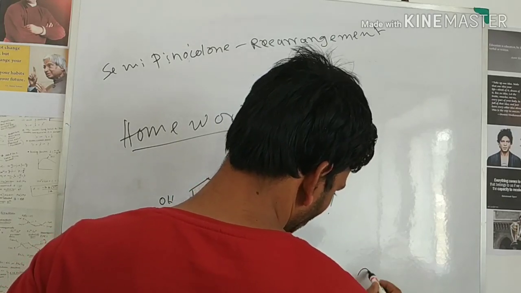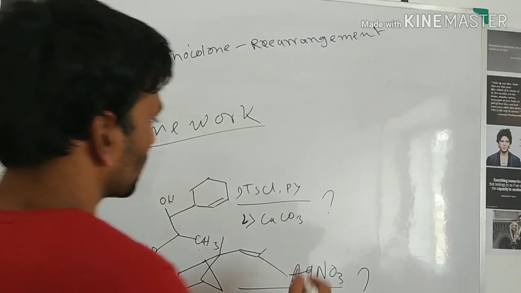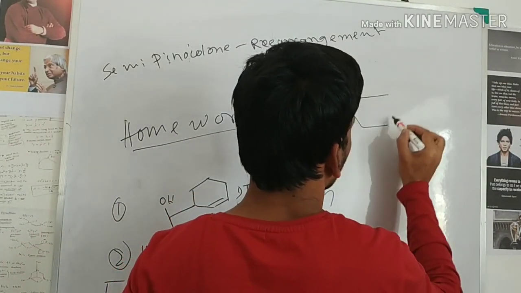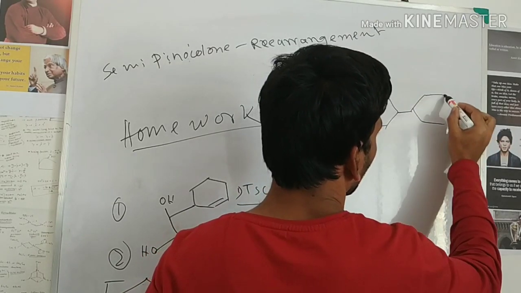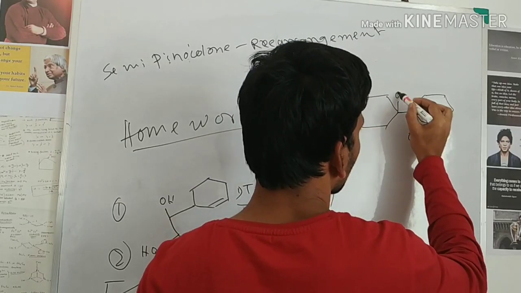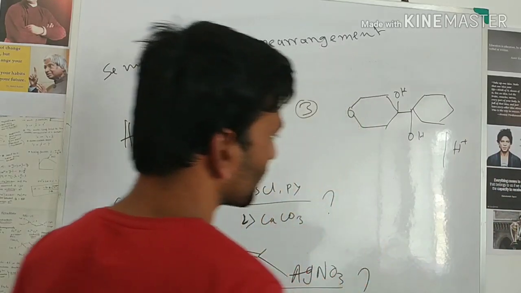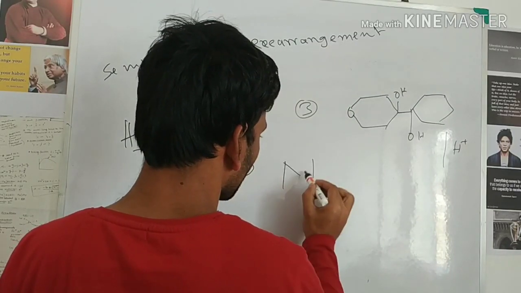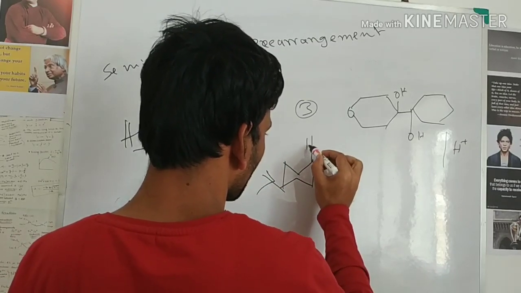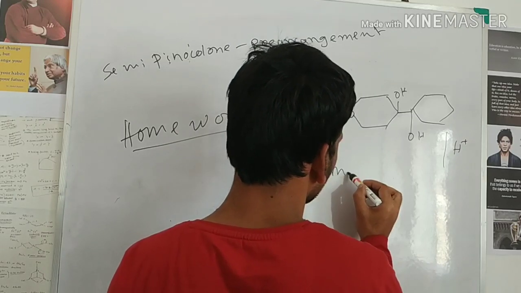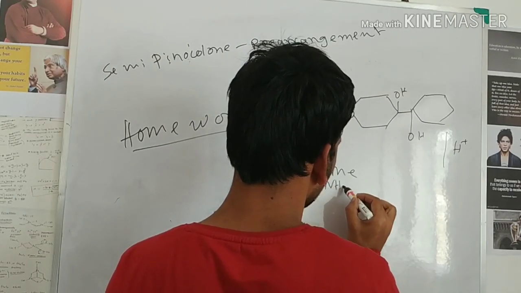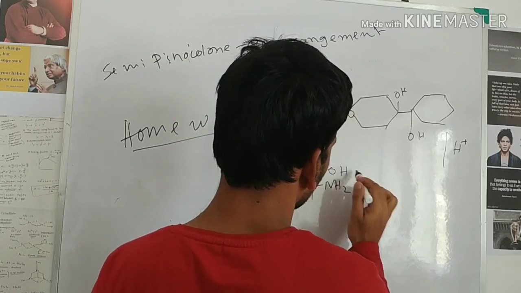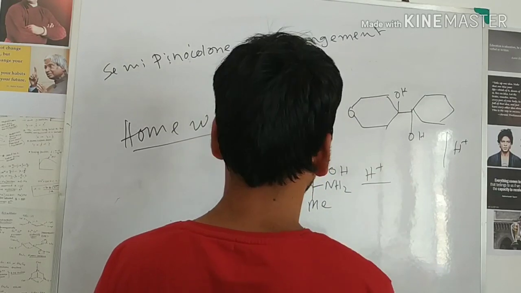AgNO3. This one, and 1, 2, and third, this one treated with the acid. Number 4. Number 5.